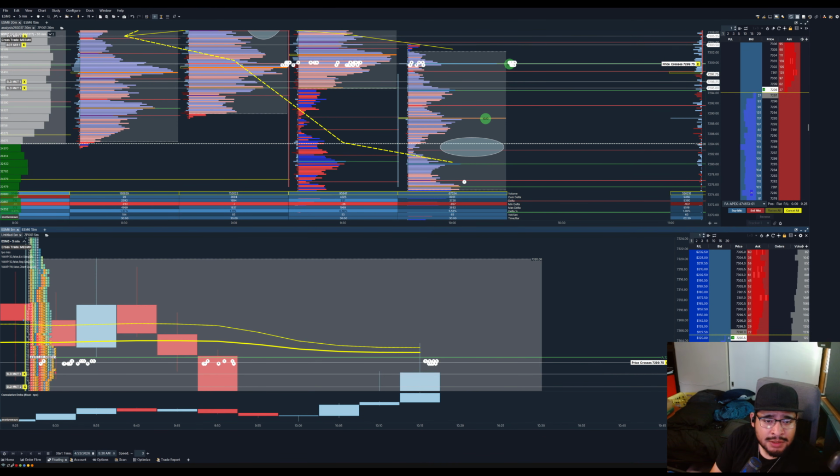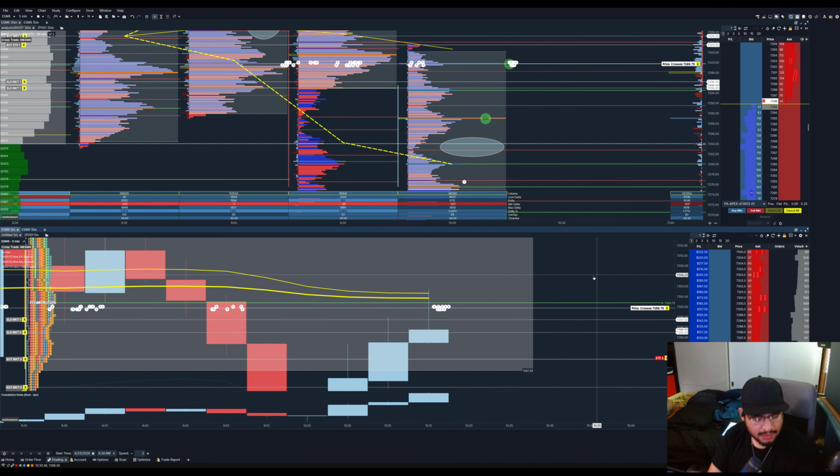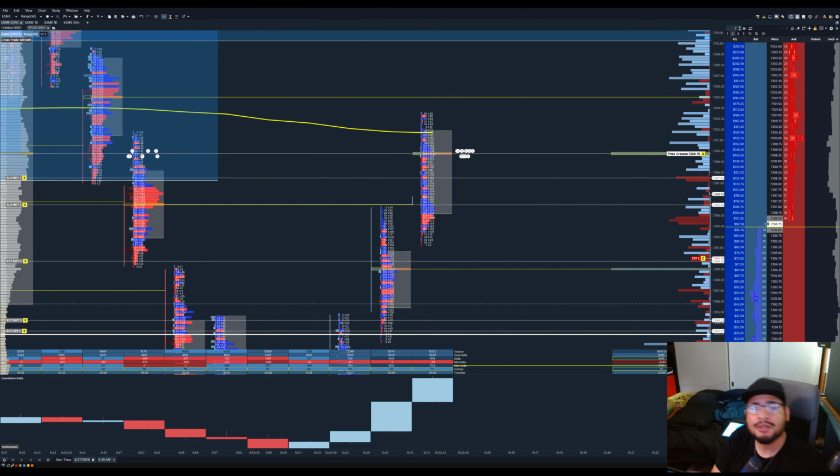Any zero prints? No zero prints that I'm seeing on the range chart, at least. Yeah, no. Let me switch over to this one.